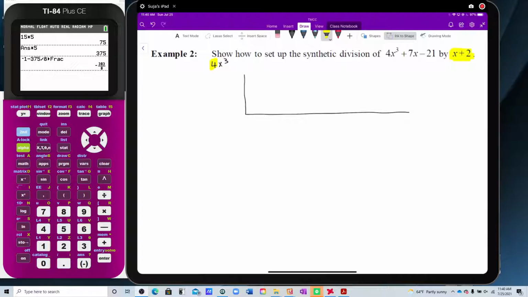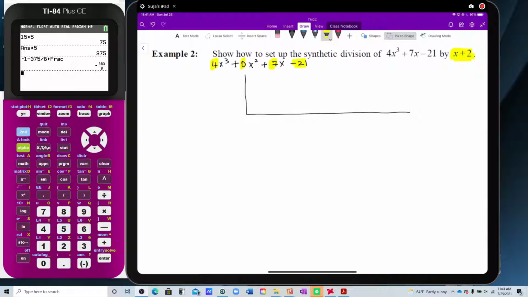And then the next term, I should have an x squared. I don't have any, so it should be 0x squared. 0 is the coefficient of x squared. Then I should have 7x. So 7 is the coefficient of x, and then minus 21. 21 is the constant number.